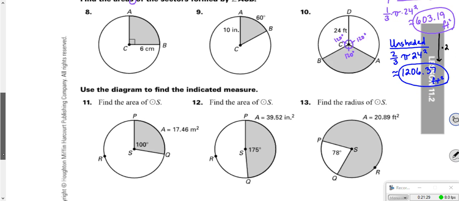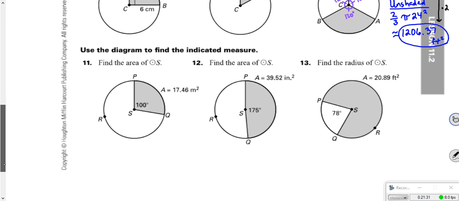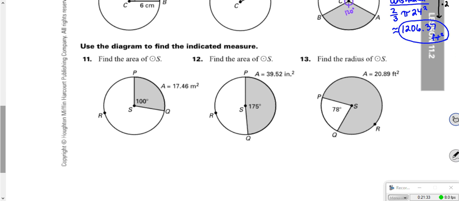It says use the diagram to find the indicated measure. Find the area of circle S. Now, they give us the area of the sector. This is the area of the sector. I'm assuming shaded since it's on the shaded side. So, the area of the circle.